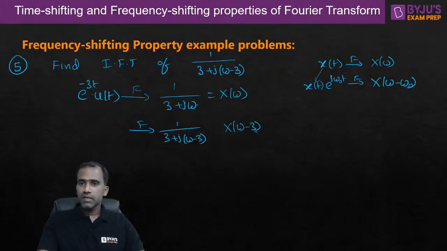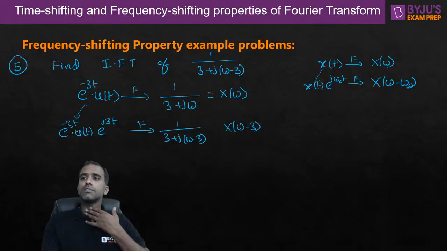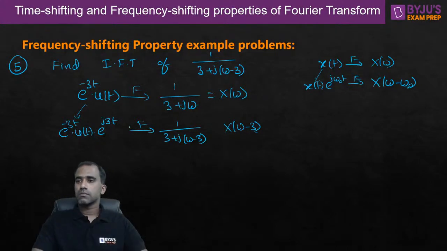If there is a minus sign here, it will be a plus sign here. So e power minus 3t into u of t is copied as it is, multiplied with e power j 3t, where t is the variable and 3 is the frequency shift. Minus sign here, the sign is opposite. When we are using the frequency shifting property, the sign is opposite.